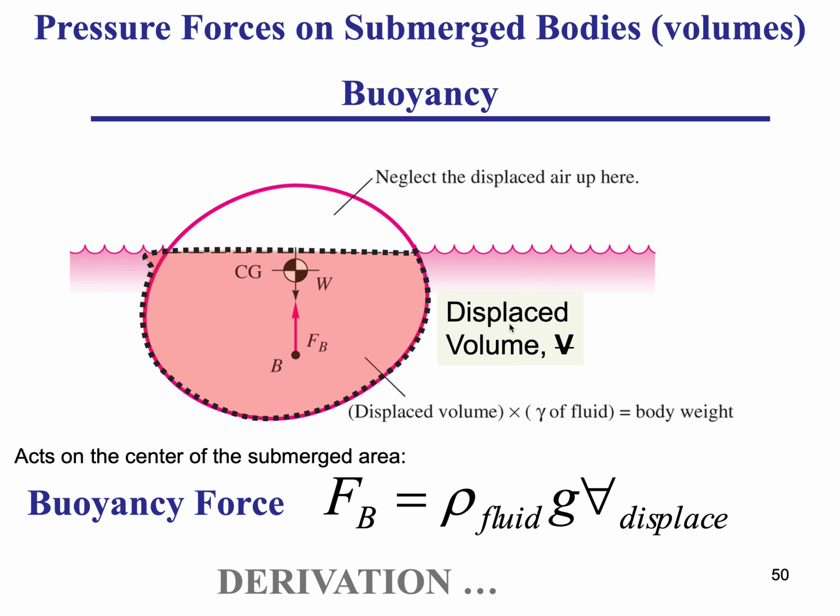So consider this case of a submerged or partially submerged object. The hydrostatic pressure force will actually result in the Archimedes buoyancy force, which is the density of the surrounding fluid multiplied by the displaced volume multiplied by gravity. So it's the weight of the displaced volume.